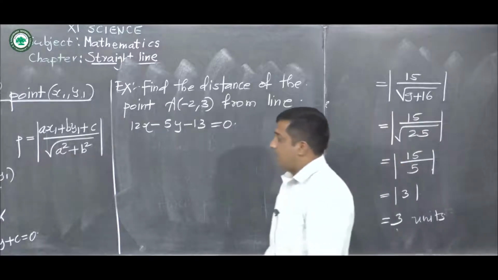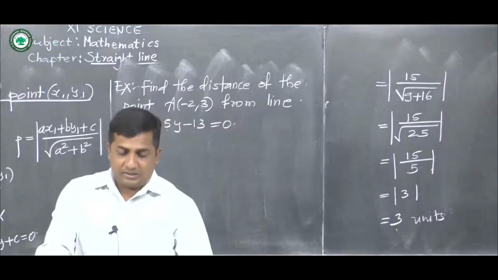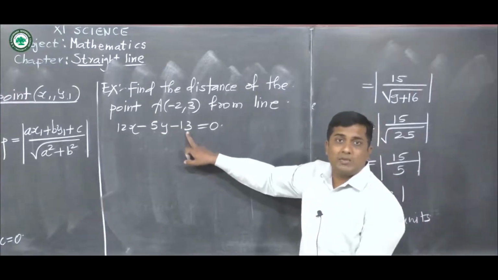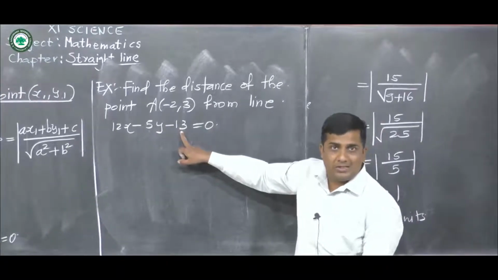Again, directly by using this formula we find the distance. Firstly, we compare our given equation with ax plus by plus c is equal to 0.